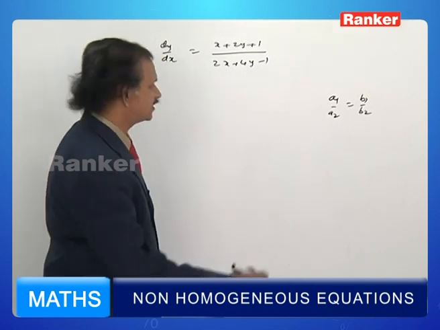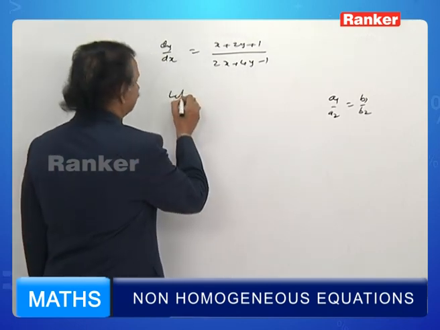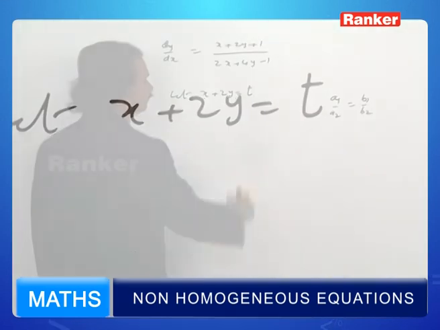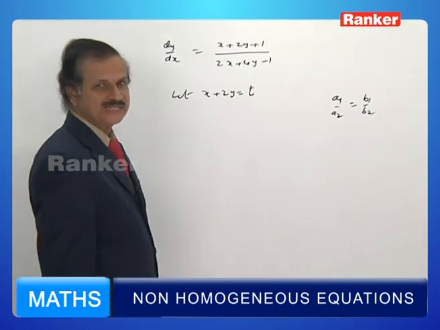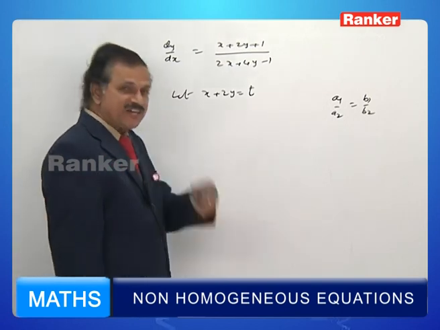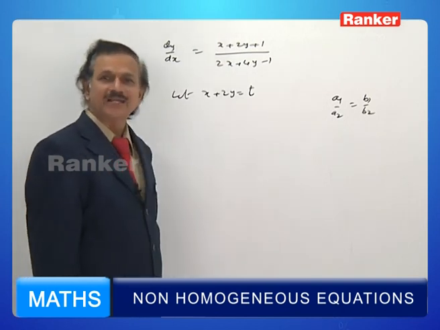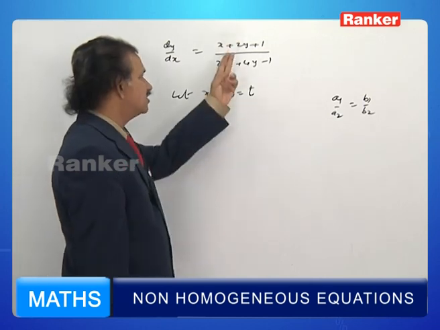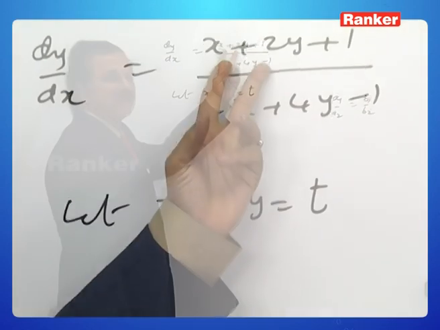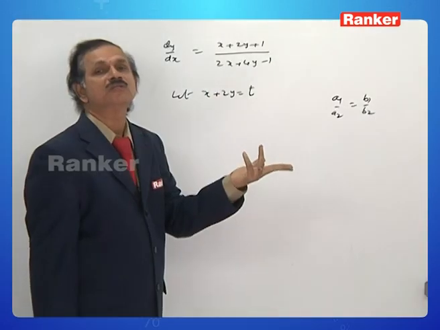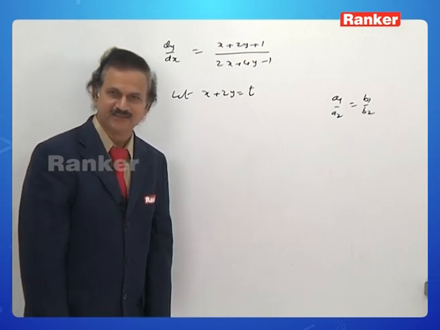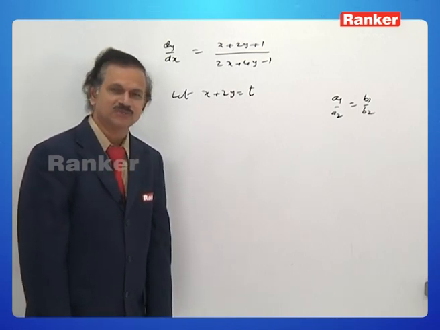Let us observe that. Let x plus 2y is equal to t. Why should you take x plus 2y only as t? Because it occurs twice, here and here. Here t is available and here 2t is available. That is the loophole present in that model. Yes, of course.